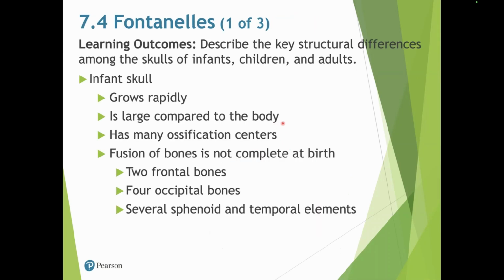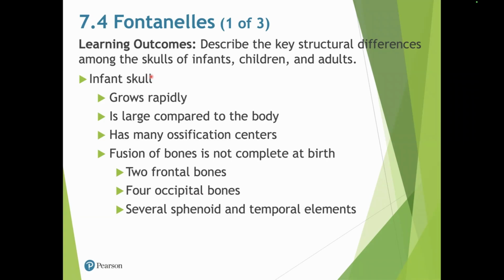The fontanelles, last but not least. Let's talk about how an infant skull is going to grow into an adult skull. Number one, very fast. If you ever watched a baby's head grow, it grows really fast, a lot faster than some other parts of the body. It is large compared to those arms and those legs and that torso. Too adorable, I've got to be honest with you.